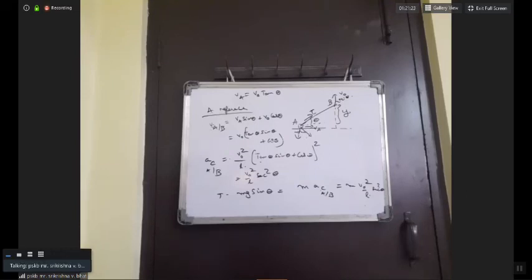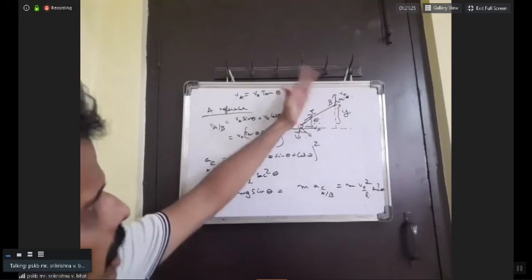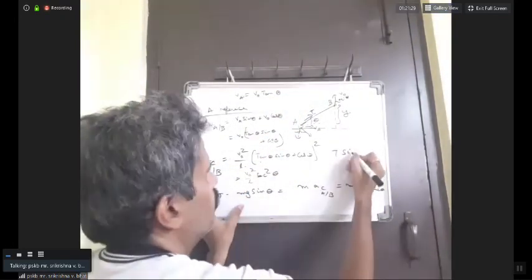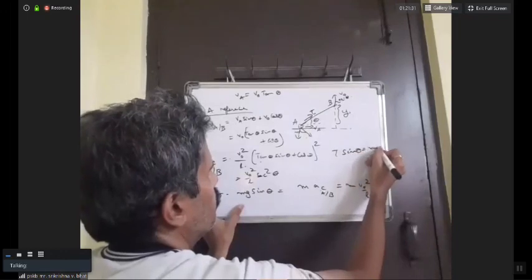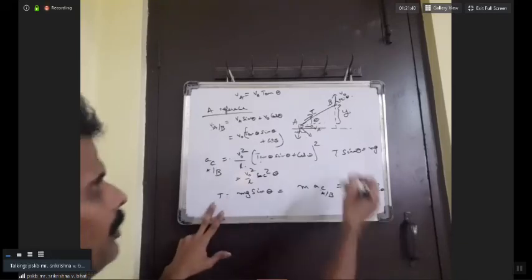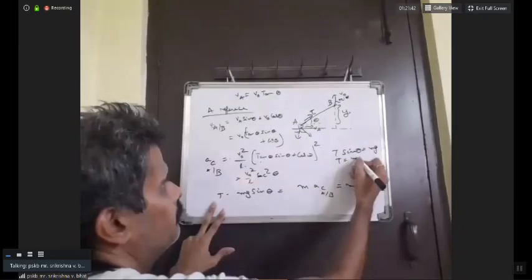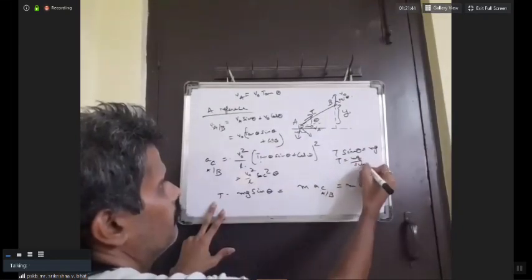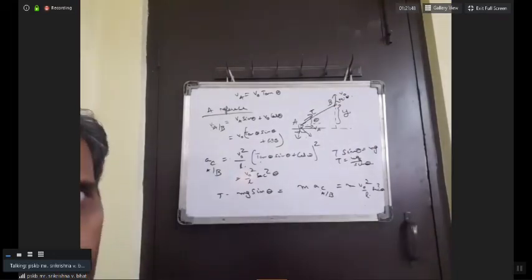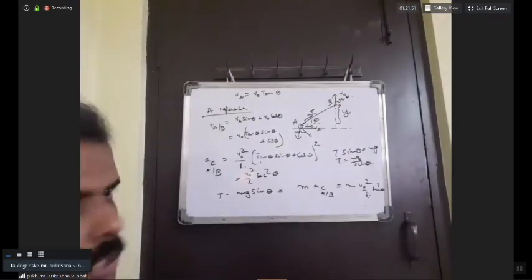Another thing we can also say is that the component of tension in the vertical direction should be equal to mg. So we can say T sin theta should be equal to mg. So T we can write as mg by sin theta, because in the vertical direction there is zero acceleration.